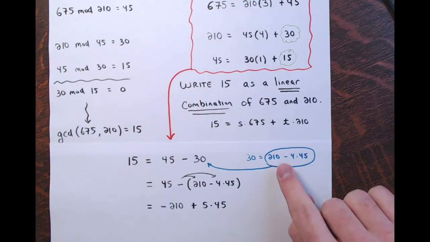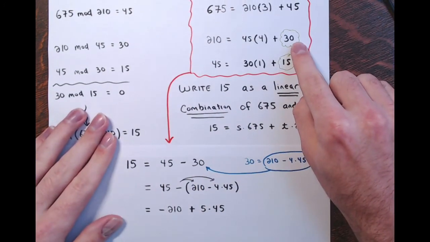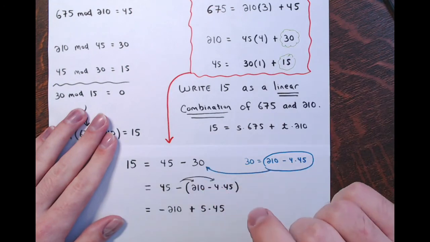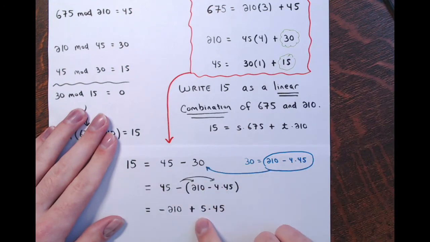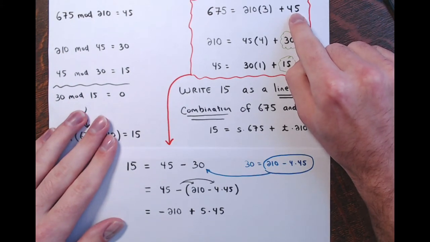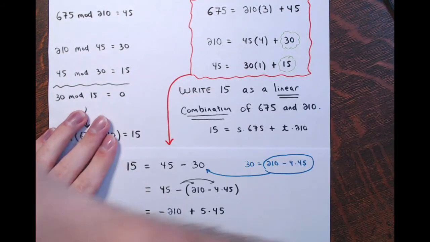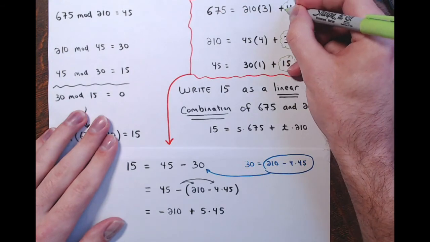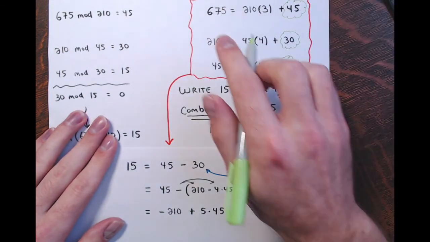So there, that was solving for the previous remainder 30 and substituting. Now I'm looking at this line. Go back here, these statements, I'm going to solve for 45 and substitute, right? So now I'm solving for 45 in this line involving 675 and 210.